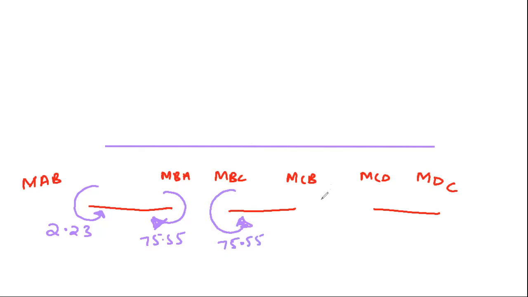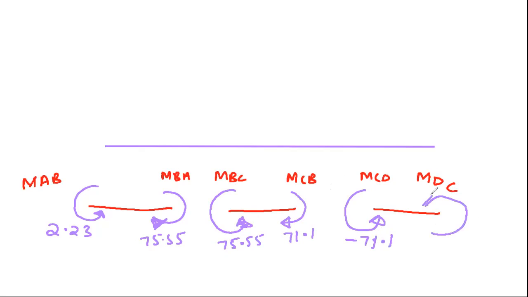Next, MCB, how much we got? Plus 71.1, that is clockwise. So this also anti-clockwise, minus 71.1. Next MDC, how much you got? Minus. So minus means again this should be in anti-clockwise direction.